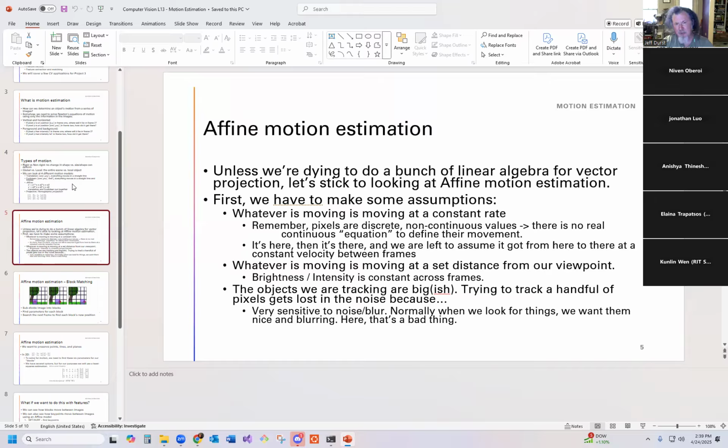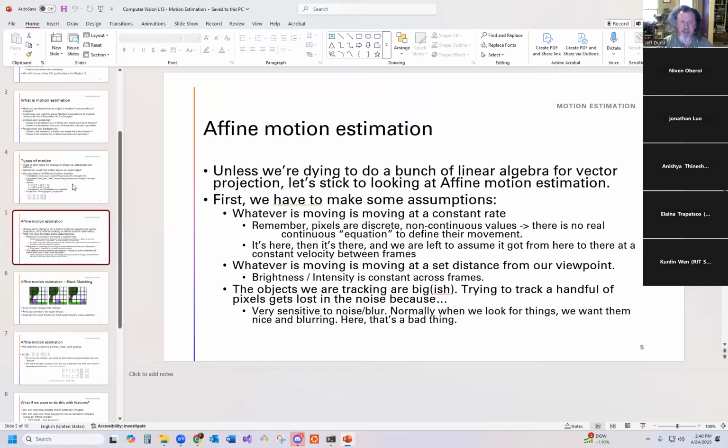And we also looked at how with affine motion estimation, you need to be tracking relatively large objects inside the scene, because motion estimation is very sensitive to blur and noise. You can see that with motion blurring if you're swinging your camera around really fast in an FPS game. Less so now because graphics cards are really good, but if you're old like me, you've seen it. If you're looking at little things, it's really hard.